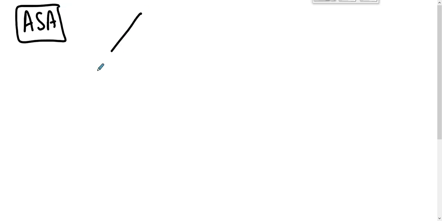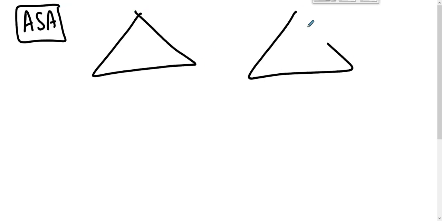So for example, let's prove that angle side angle works. And what do we mean by that? We mean that we have two triangles, ABC and DEF, and we set up the angle side angle criterion.